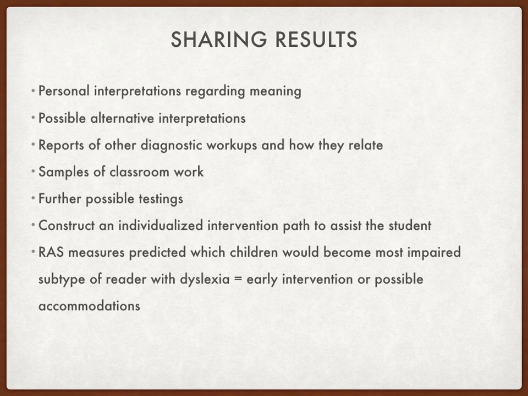The RAS provides stakeholders with crucial information on students' abilities, from which they can construct an individualized intervention path to assist the student. For example, performance of kindergarten children on the 2 RAS measures predicted which children would become the most impaired subtype of reader with dyslexia.